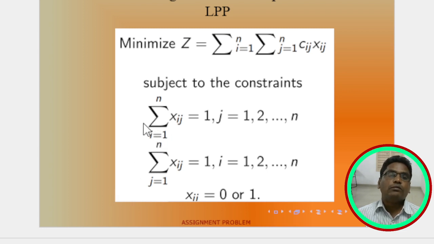Minimize Z equals the double summation, i running from 1 to n and j running from 1 to n, of Cij Xij, subject to the constraints: summation i from 1 to n of Xij equals 1 for j equal to 1, 2, and so on to n, and summation j from 1 to n of Xij equals 1 for i equal to 1, 2, and so on to n, with Xij equal to 0 or 1.